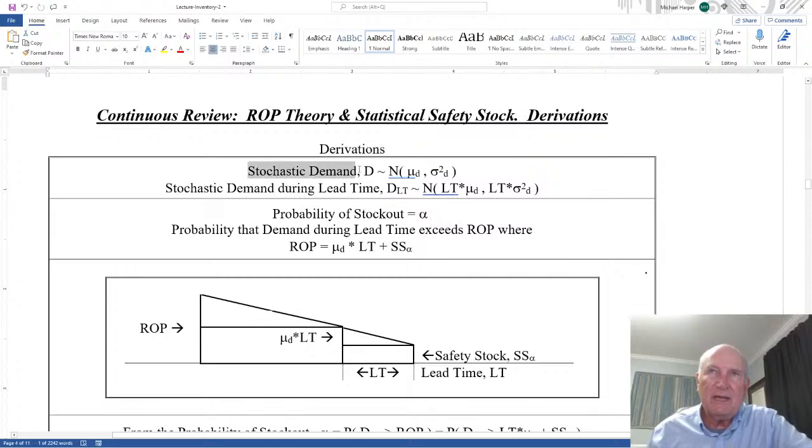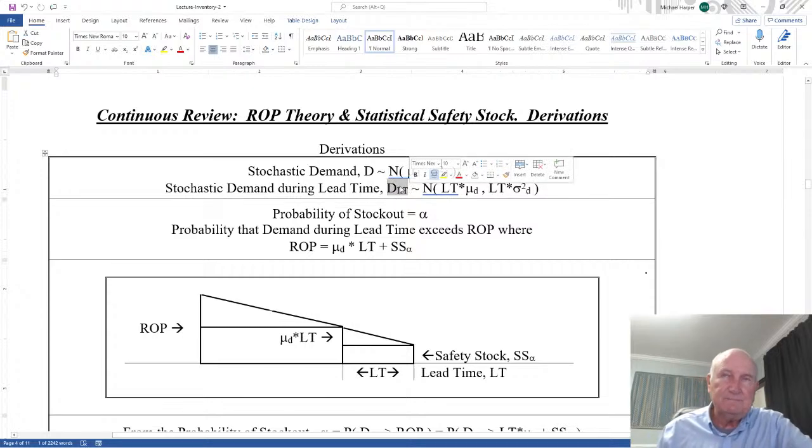The stochastic demand follows a normal distribution, and the stochastic demand during a lead time, in other words, you have your demand, but then during a specific lead time now, the lead time times the mean, the lead time times the variance. So that new mean and the new variance is the mean and variance of the demand during the lead time. And we'll be using this here in just a second.